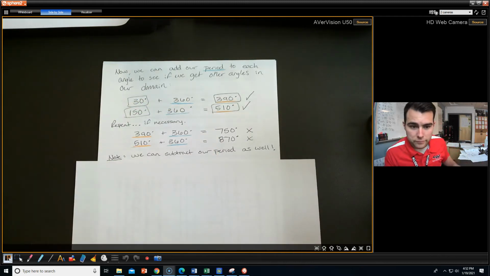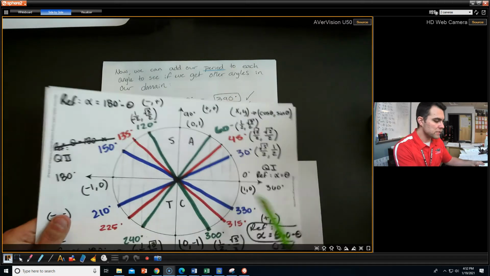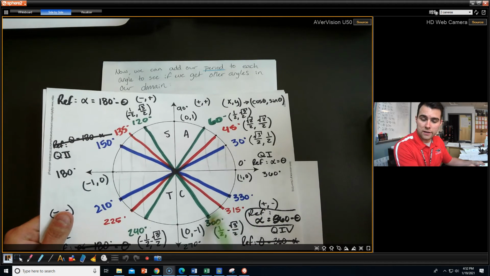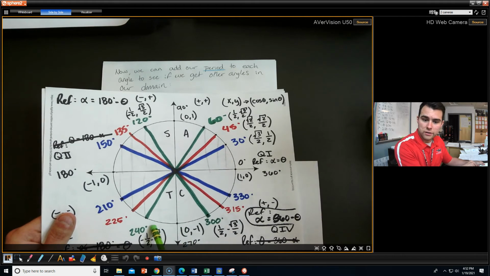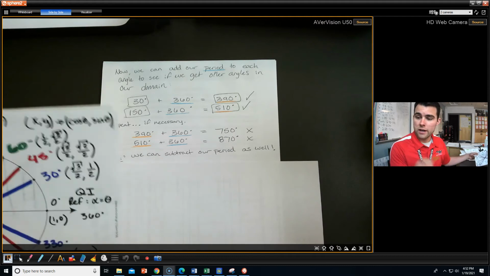Okay? We can also subtract the period as well. So you've noticed before, sometimes we have negative measurements, right? Negative measurements happen when we go in the clockwise direction. And so that is another thing, you want to consider using your period.